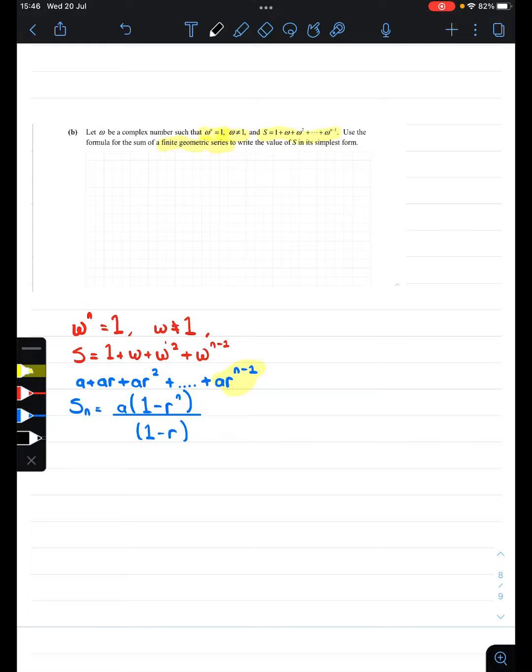Okay, so let's just plug this in. So what is a? In our case, a is 1 and r is omega. So S equals 1 times 1 minus omega to the n, all over 1 minus omega.